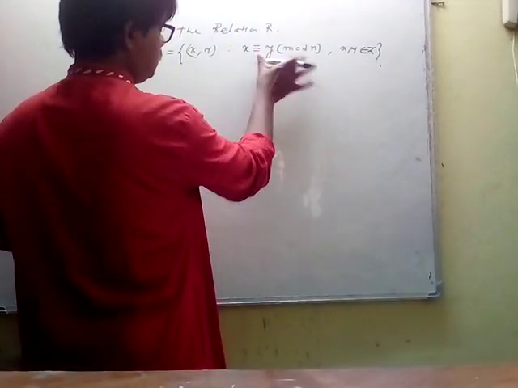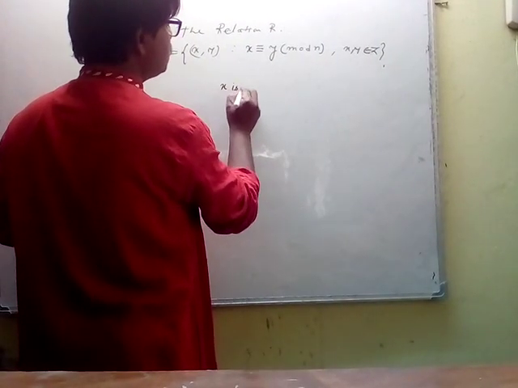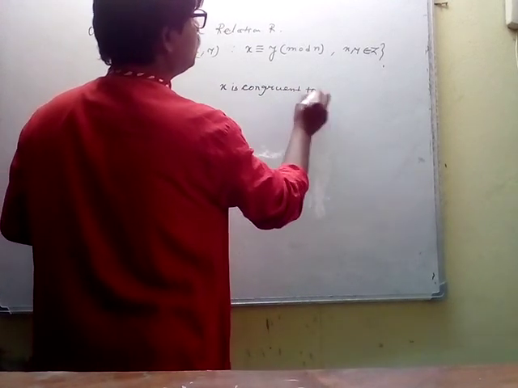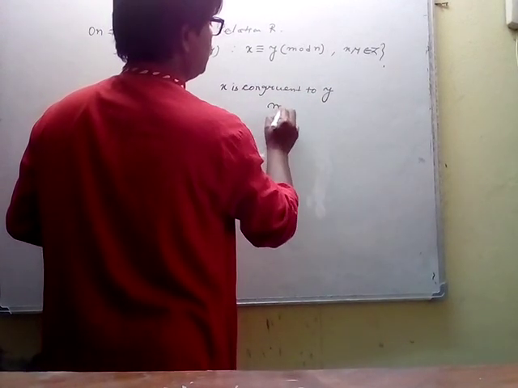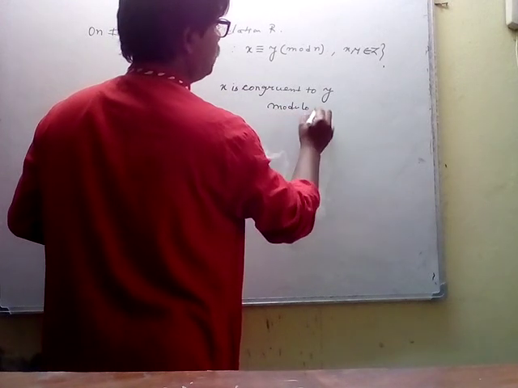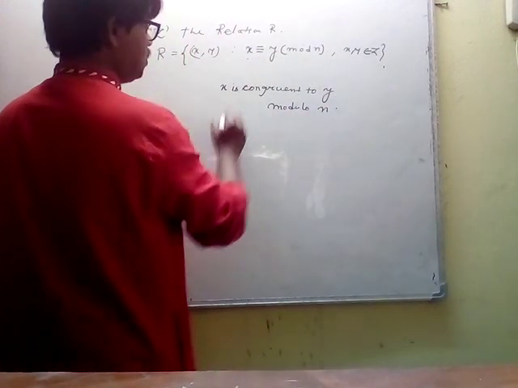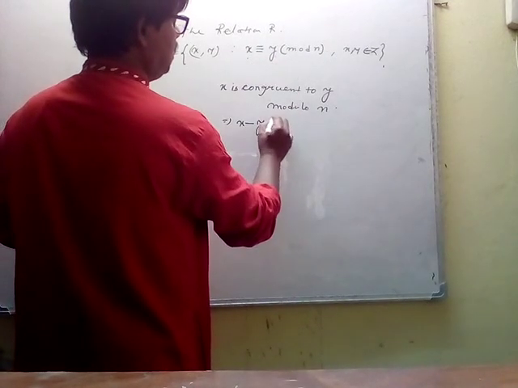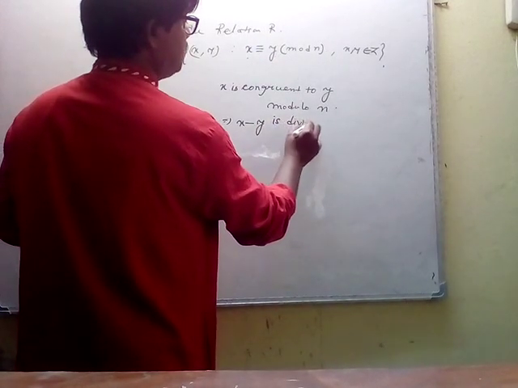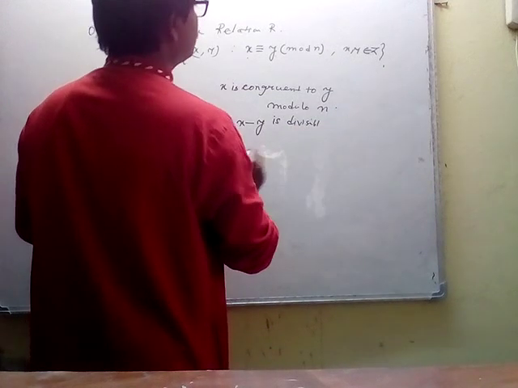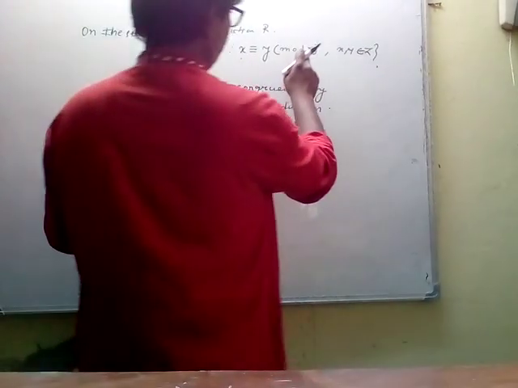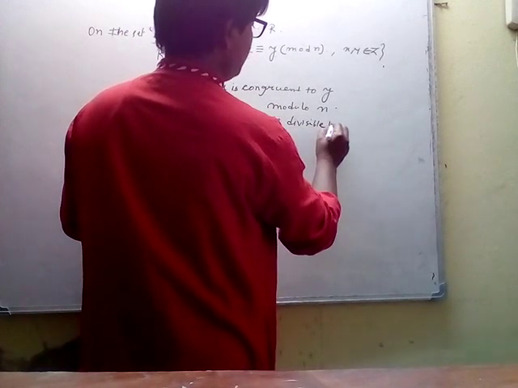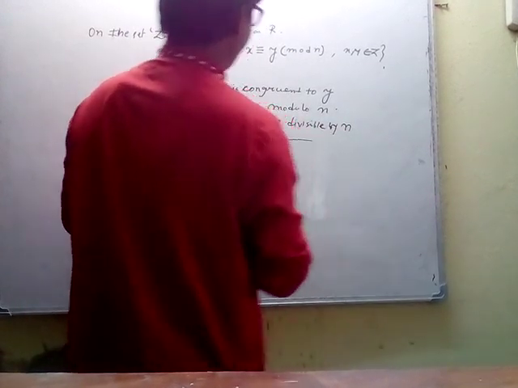This means x is congruent to y modulo n, which means x minus y is divisible by n.